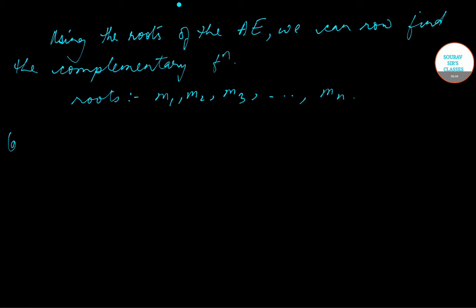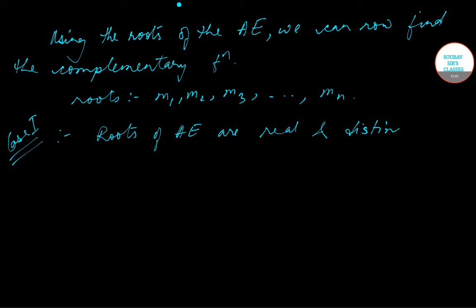There will be a case 1. So let us talk about case 1. So case 1 is that roots of the auxiliary equation are real and distinct. So basically, we can write down that m1 is not equal to m2, it is not equal to m3, and so on up till mn.